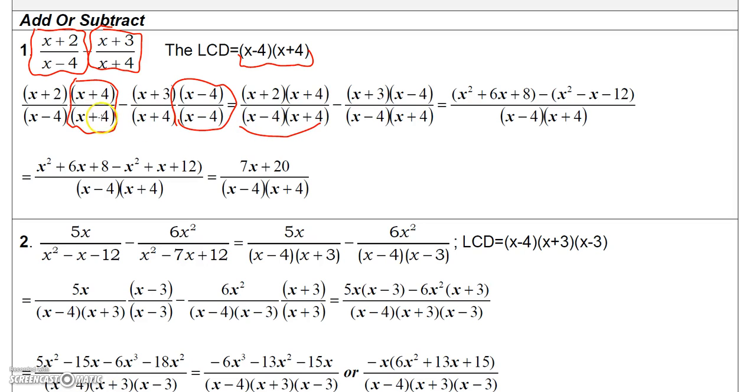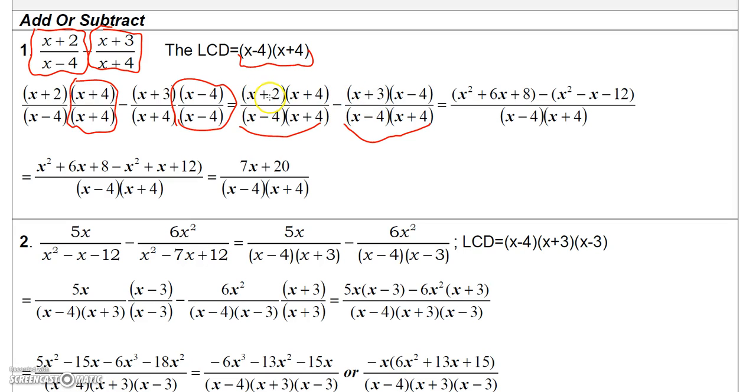Now, I went ahead and gave you this step, but you could actually bypass this step and go straight to this step over here. But basically what I have to do is multiply x plus 2 times x plus 4 together, which I'll do here with the FOIL method, and then I have to multiply x plus 3 times x minus 4 together here.